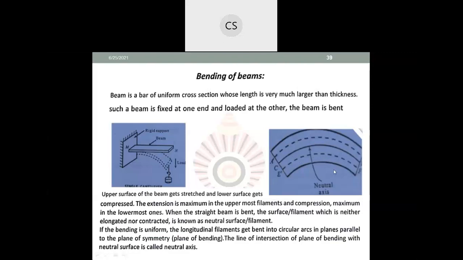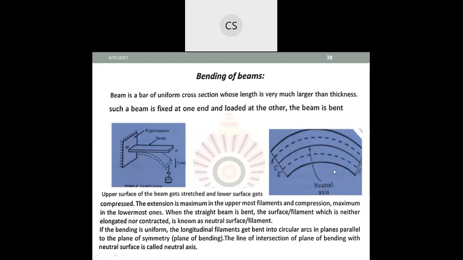The first point is, what is a beam? A beam is a bar of uniform cross section whose length is larger than thickness. That is very, very important. It should have a uniform cross section, its thickness or radius. Please don't think beam means only rectangular cross section.